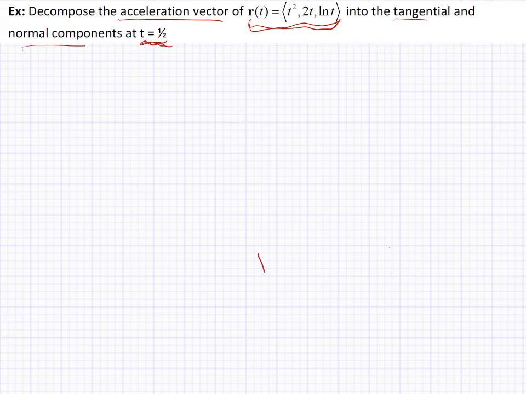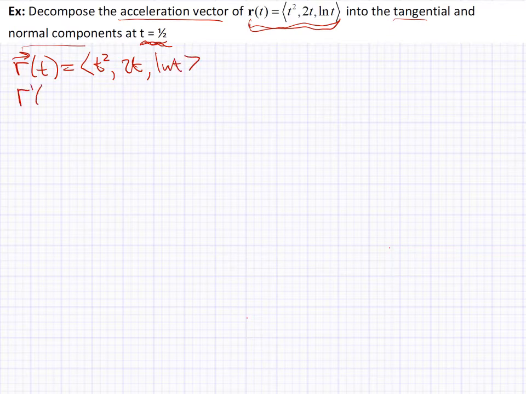So first thing we need to do is actually find the acceleration vector that we're going to decompose. So we have r of t to be t squared, 2t, ln t. And we have r prime can be found, which will be our velocity. And that's going to be 2t, 2, and 1 over t.